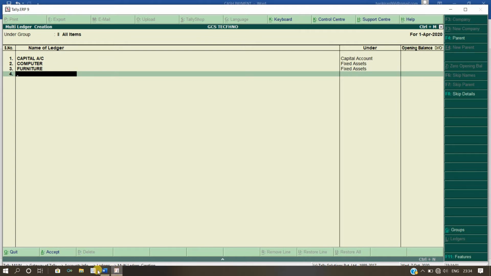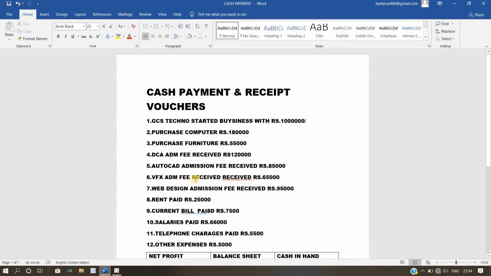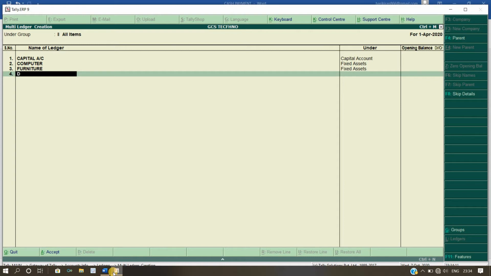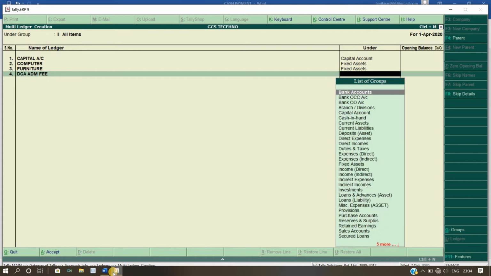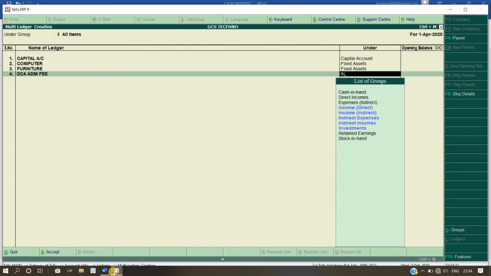And the next one is DCA admission fee received, right? DCA admission fee. Friends, here we are receiving money, right? It is indirect income for us.